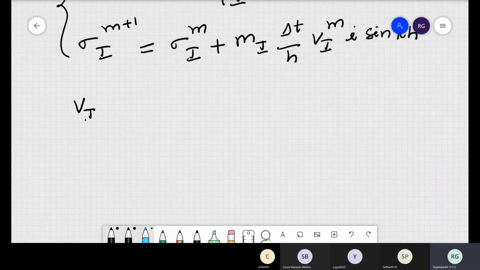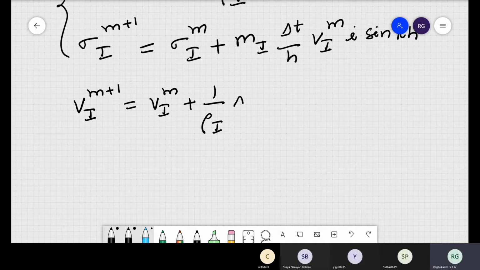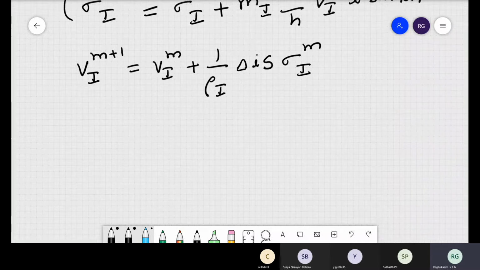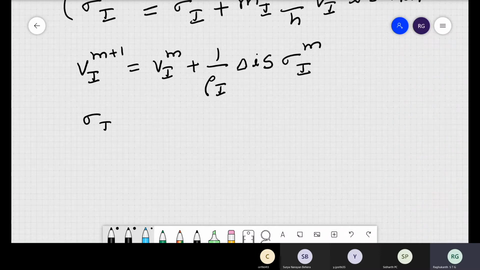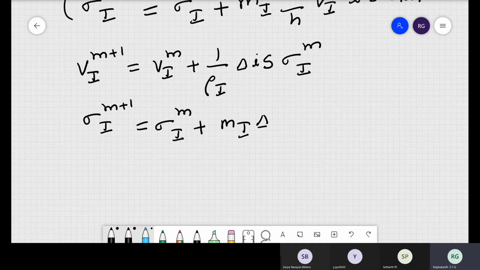So you can write them as V_i at m plus 1 as V_i of m, plus 1 by rho_i, delta times some capital S, then sigma_i at m. Now similarly, your sigma_i at m plus 1 can be written as sigma_i at m plus mu_i delta times some capital S, V_i of m.